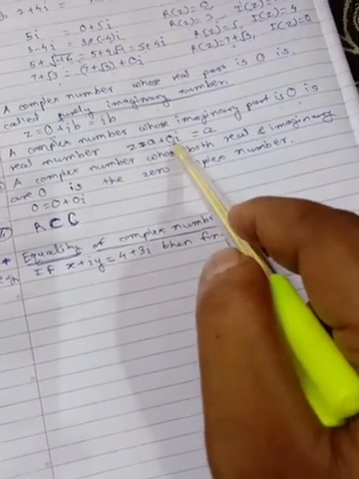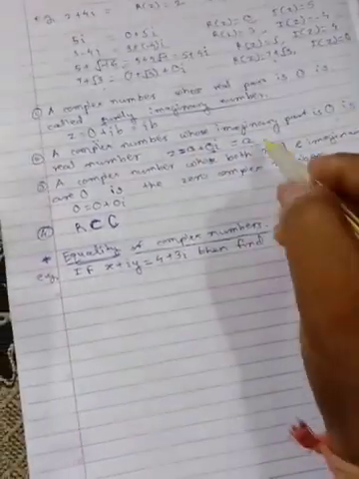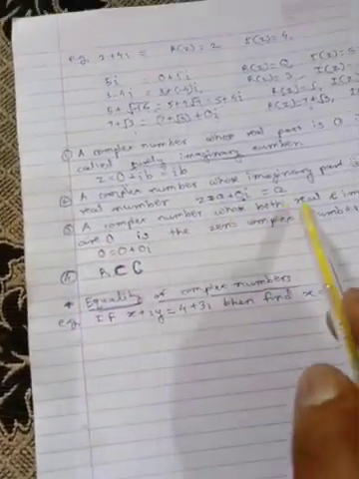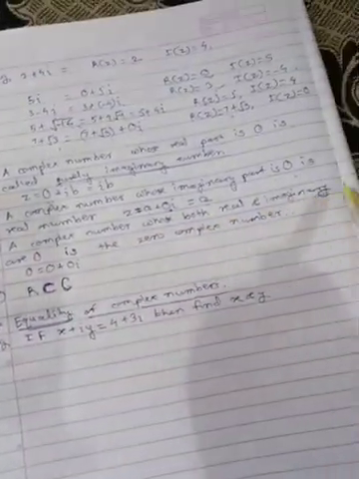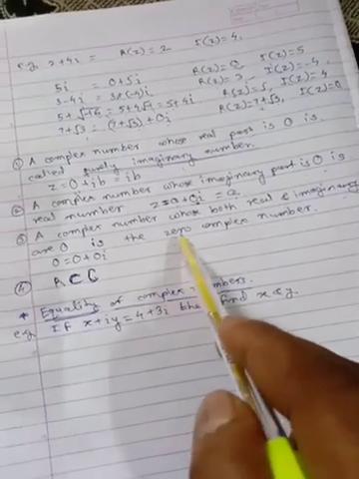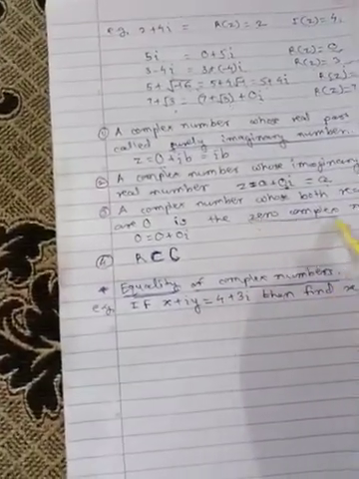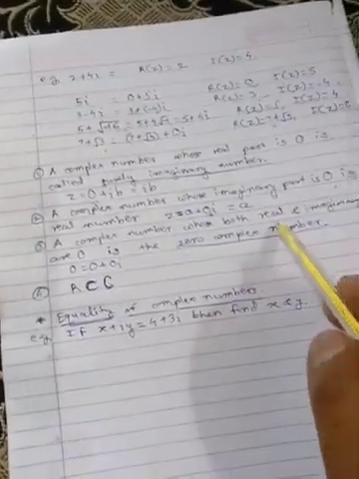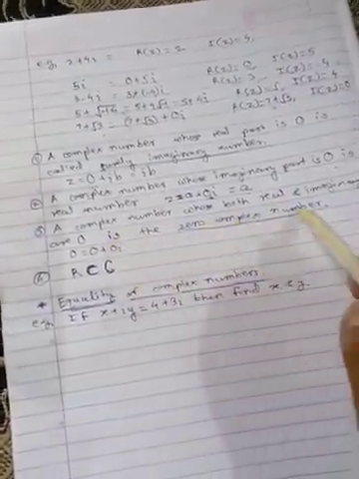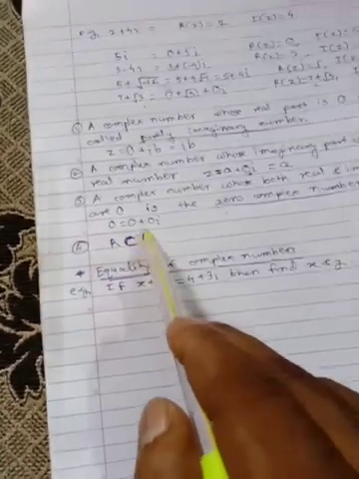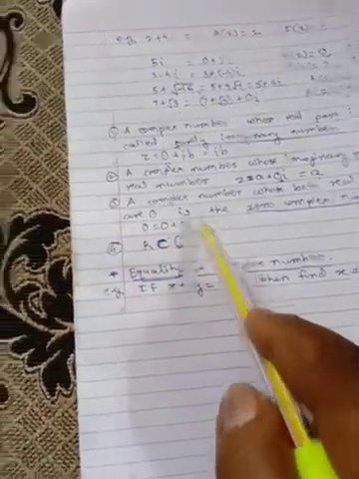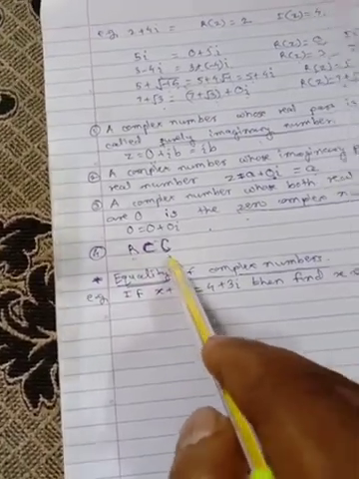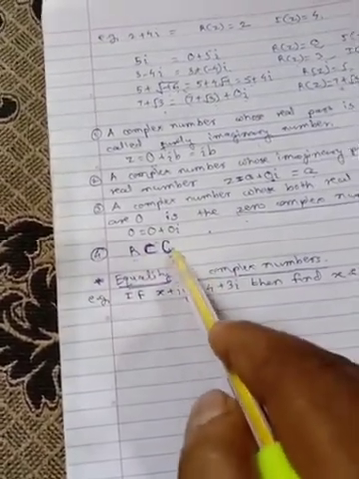A complex number whose real and imaginary parts are both 0 is the zero complex number. That is, 0 is equal to 0 plus 0i. Therefore, the set of real numbers is a subset of complex numbers.